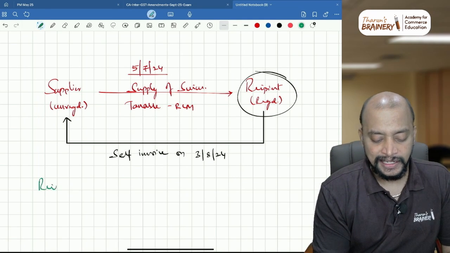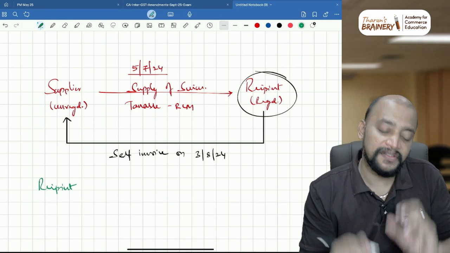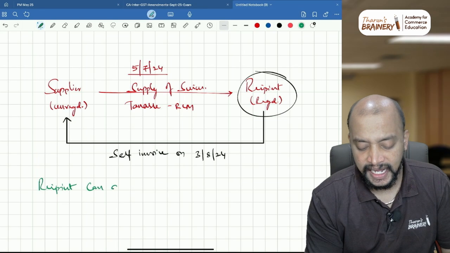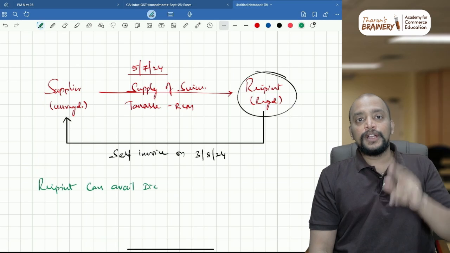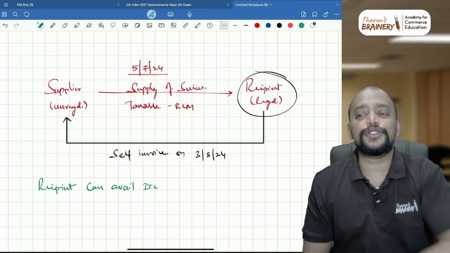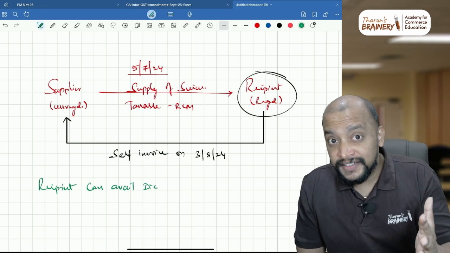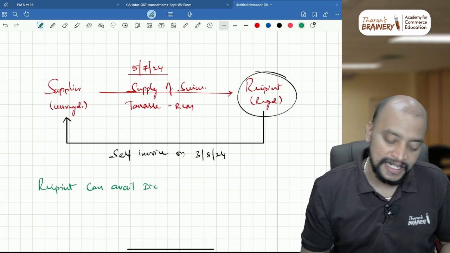Because whatever GST is paid under RCM, we can avail ITC. In which month? July 2024 or August 2024? Whenever the invoice is issued by the recipient to the supplier, then only they can take ITC.